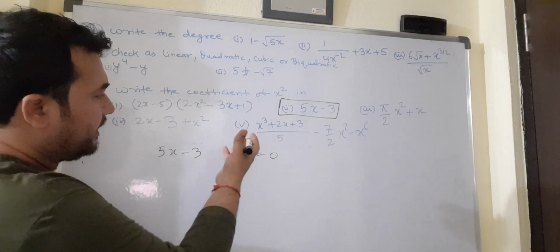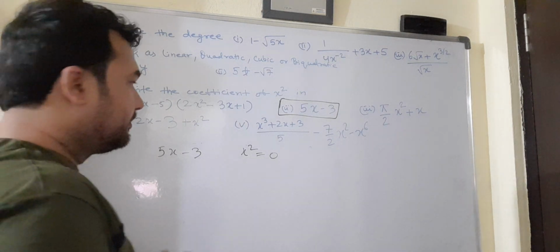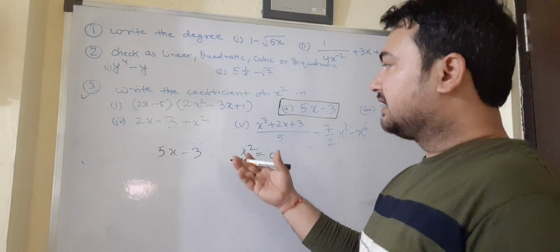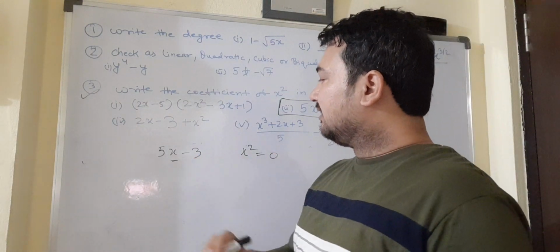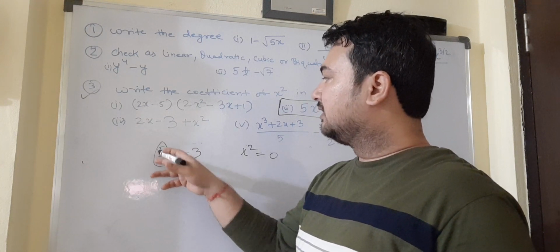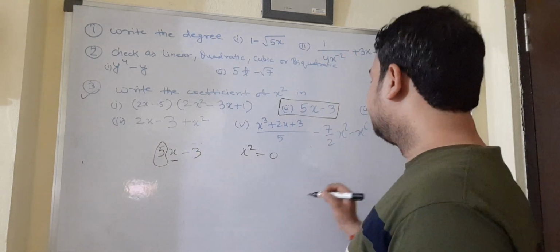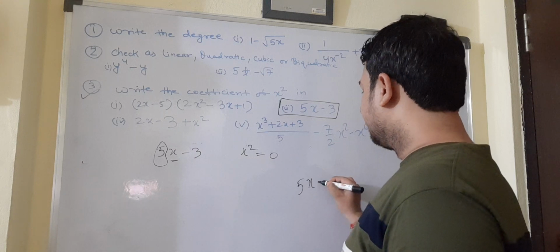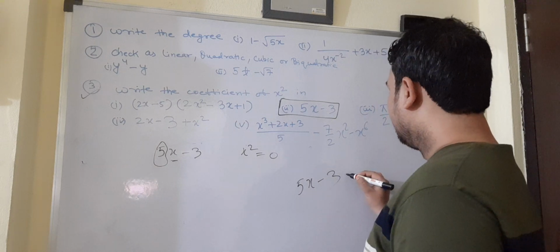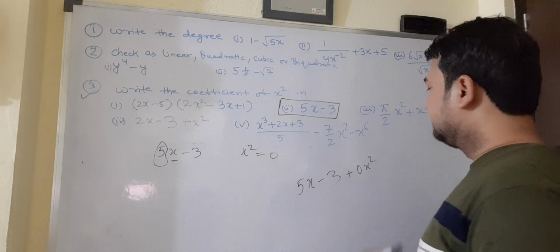Now why will the coefficient of x square be 0? Why will x square have any coefficient? Because I cannot see any x square. If you are asking about x, I can say x is associated with 5 through multiplication. x has a coefficient of 5, but x square I cannot find here. In that case, you should understand this: you can write this as 0x square.